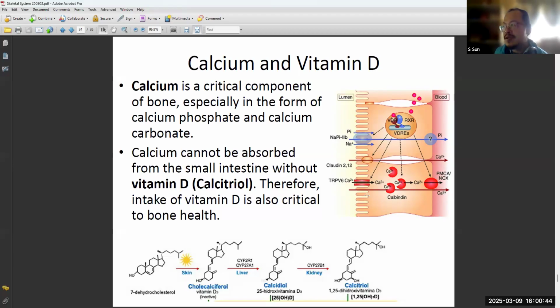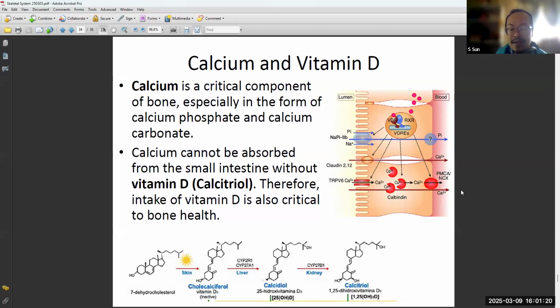However, the absorption of calcium depends on vitamin D. These red dots represent vitamin D. Vitamin D acts on the vitamin D receptor, and with that, it produces the calcium transporter. This calcium transporter then allows calcium to be absorbed from your lumen, like your small intestine, into your body.